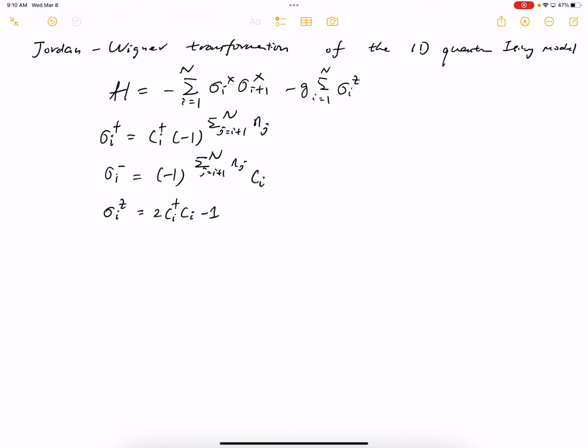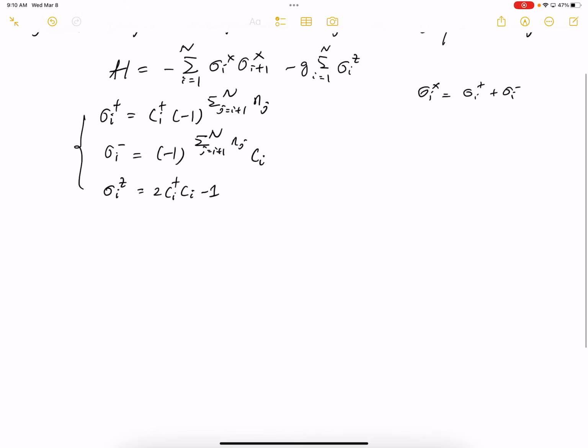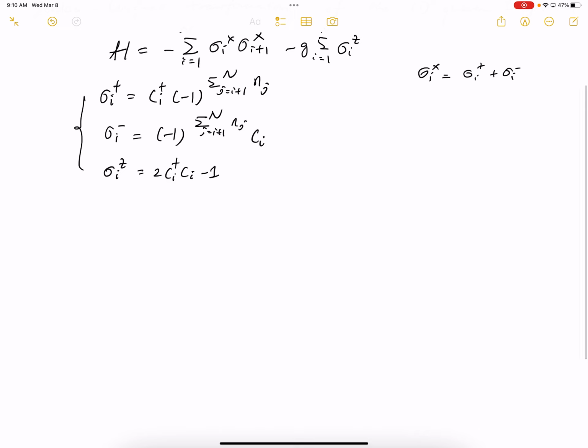Okay, so there are a couple of things we can do. First we can plug this directly into this Hamiltonian by using the fact that each sigma ix is just sigma i plus plus sigma i minus, right? That's an identity. It's just how sigma plus and sigma minus are defined. With that, we can rewrite this Hamiltonian.